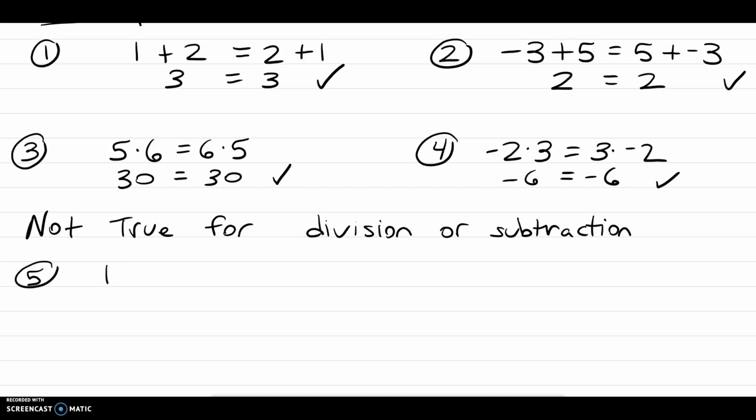Let's say I try to do 15 divided by 5. Is that equal to 5 divided by 15? So 15 divided by 5 is 3. 5 divided by 15 is 0.3 repeating. So these are not equal to each other.